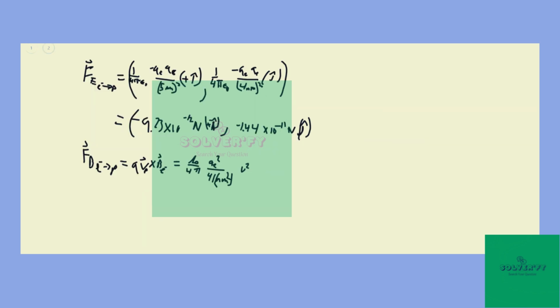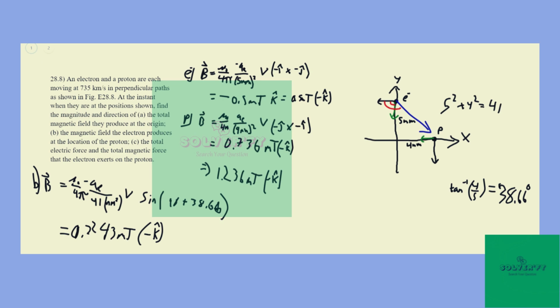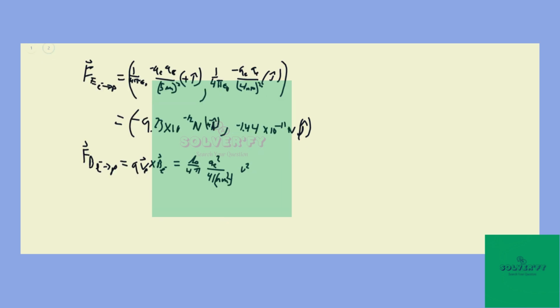And then, so we found that out to be negative k hat magnetic field. So then we can take negative j hat, that's the direction of the velocity vector for the proton, crossed with negative k hat. And so that comes out to negative i hat. Actually, it just comes out to i hat.